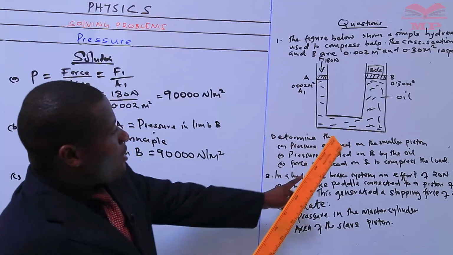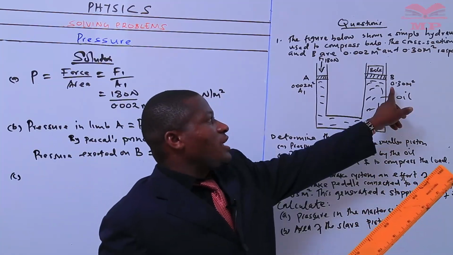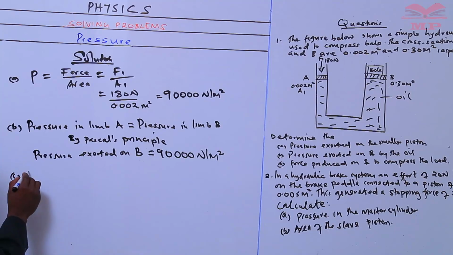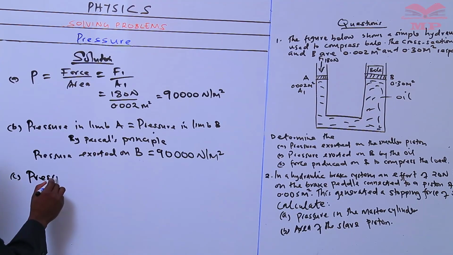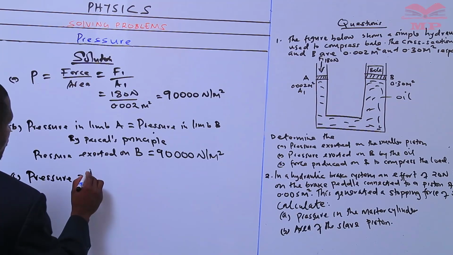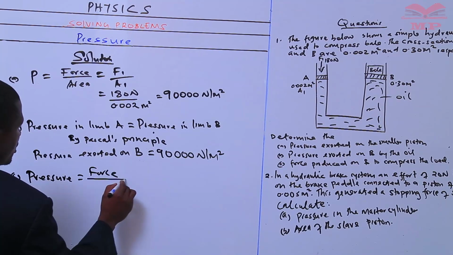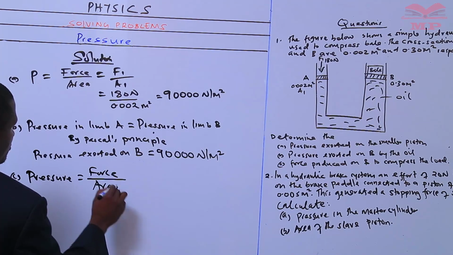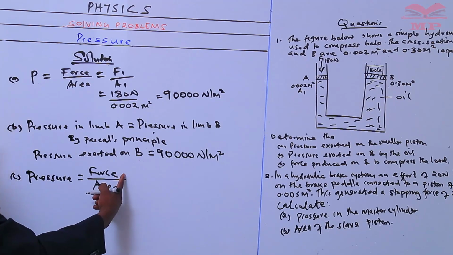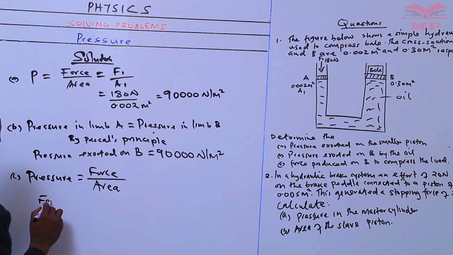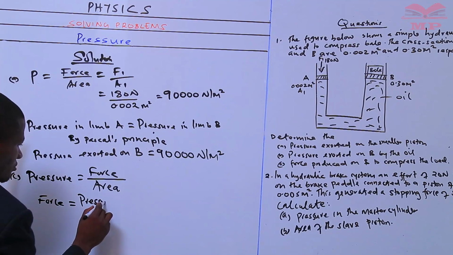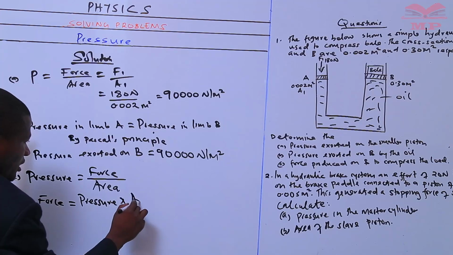Remember, we have the pressure, we have the area. And we have said that pressure is equal to force over area. We have been asked to determine force, meaning that my force is given by pressure times area.